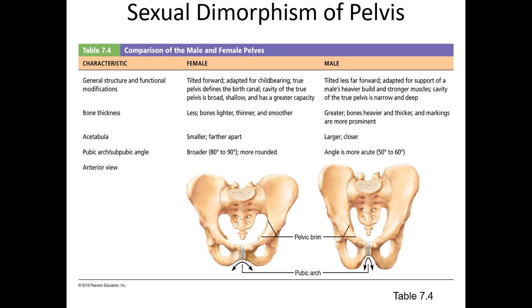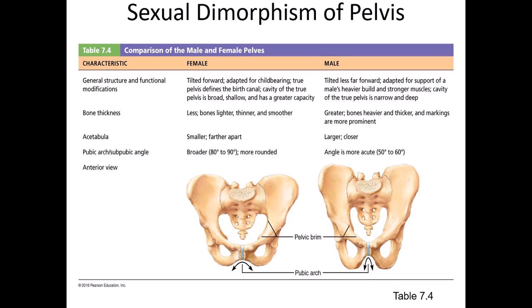And really what they're doing is making that pelvic outlet bigger, less obstructed. Remember, we talked about the coccyx in a male curving sharply and blocking some of that space in the pelvic outlet. That would make it very difficult for a baby to get through that space. So the dimorphism of the coccyx in the female is that it is straighter, it hangs back, it does not block the pelvic outlet.